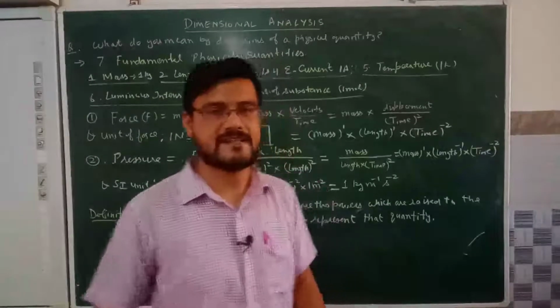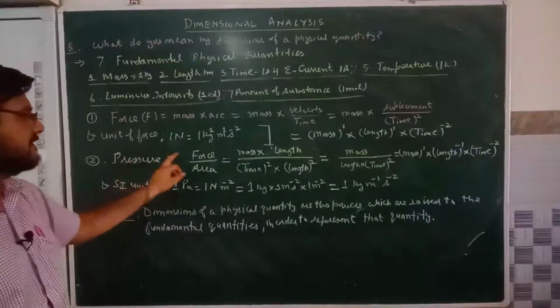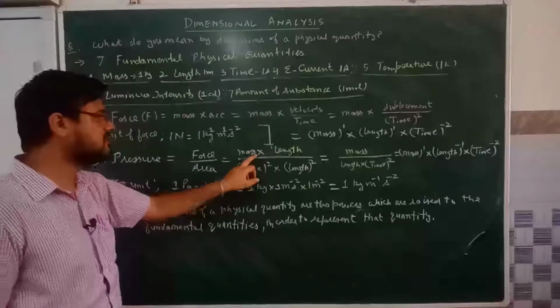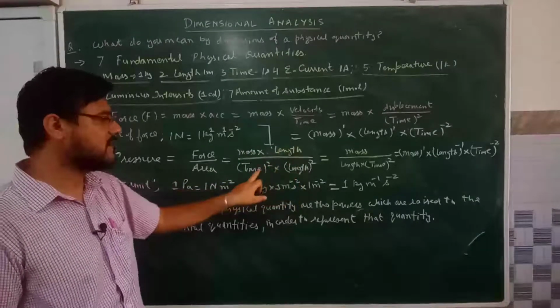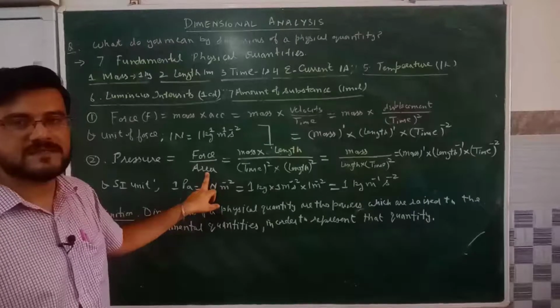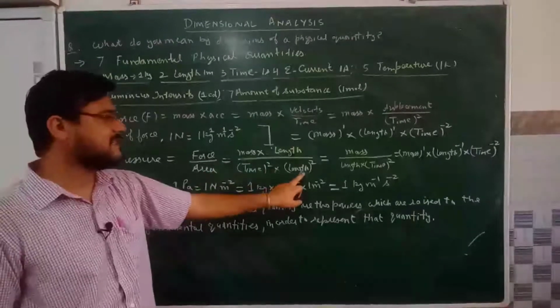If we take another example, pressure, a derived physical quantity which is the ratio of force and area. We have already expressed force as mass into length divided by square of the time. Area is a derived physical quantity which is the product of length and breadth, that is length into length, so we write it as length square.